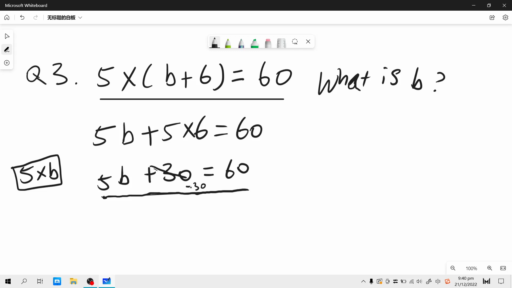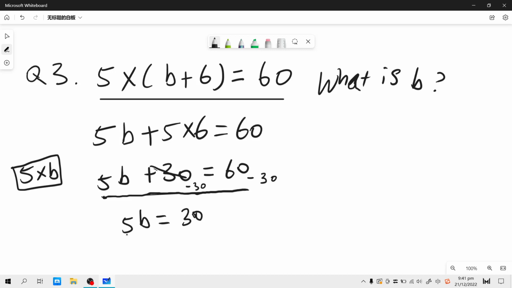If you minus 30 here, you must also minus 30 here. So 5b plus 30 minus 30 just equals 5b. So 5b equals 60 minus 30, which is 30. Sorry, my bad.